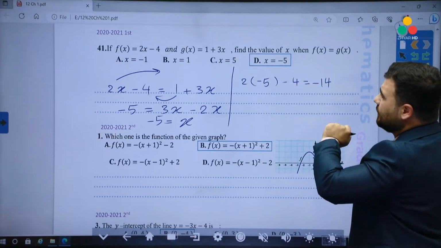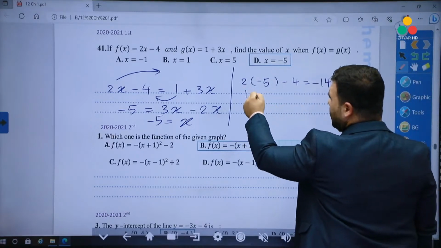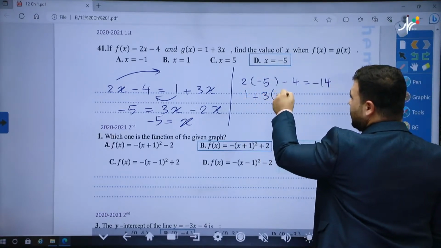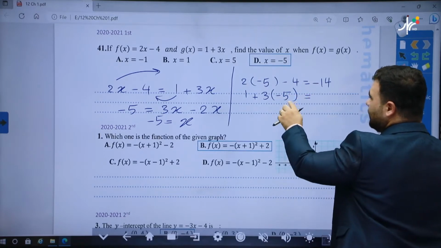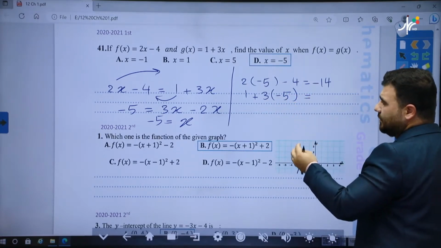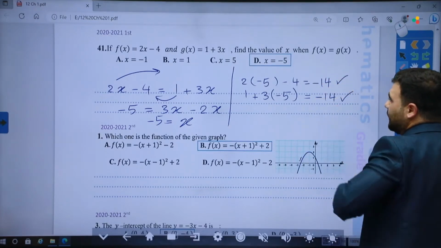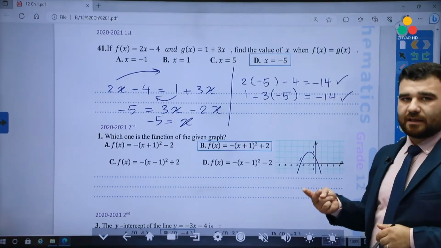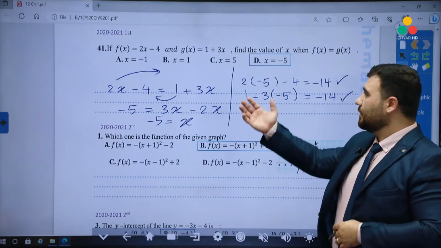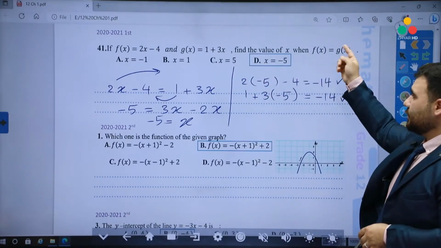If I put negative 5 in g, 1 plus 3 times negative 5. 3 times negative 5 is negative 15, plus 1 is negative 14. As you see, I got negative 14 from g and f. This means negative 5 is the point where f and g are equal.